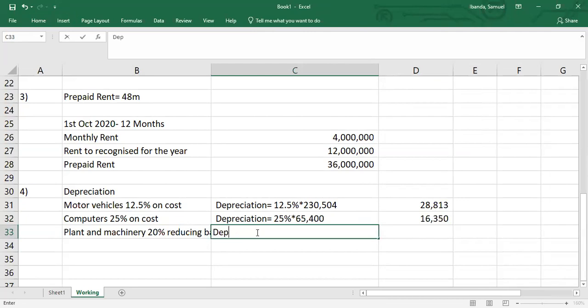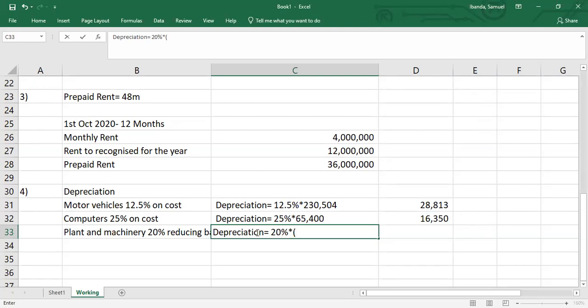Then I have now 20% on reducing balance. So it means that for this, depreciation will equal 20%. Now, since it's on reducing balance, I'm not going to multiply by cost, but rather I'm going to multiply by the carrying amount, which is also called the net book value.